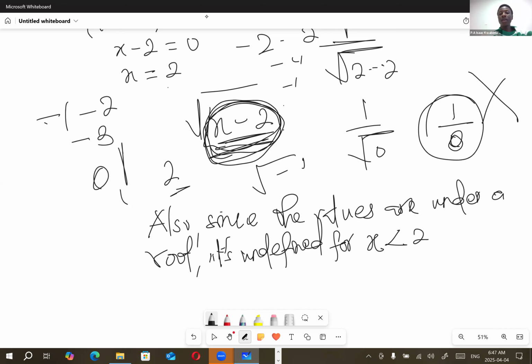Yes. Because any value less than 2, if you're thinking of 1, it will make it undefined. Anything less than 2: 1, 0, -1, negative, all of them. If x is less than 2, meaning all the numbers you think of is there. All right, so domain.